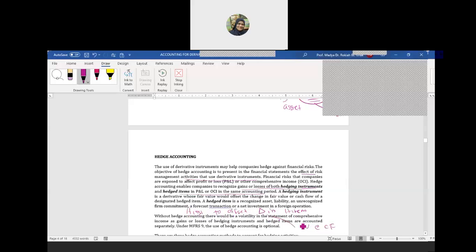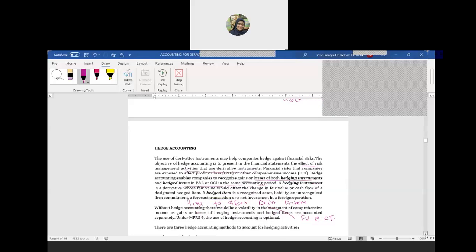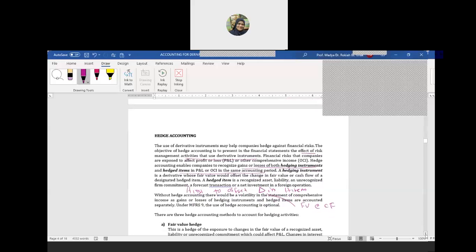The hedged item here is your asset, liability or unrecognized commitment. Without hedge accounting, there will be volatility in the statement of comprehensive income, as the gain or loss of the hedging instrument and hedged item are accounted for separately under FRS.